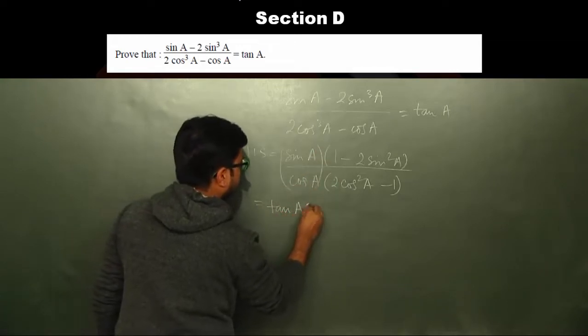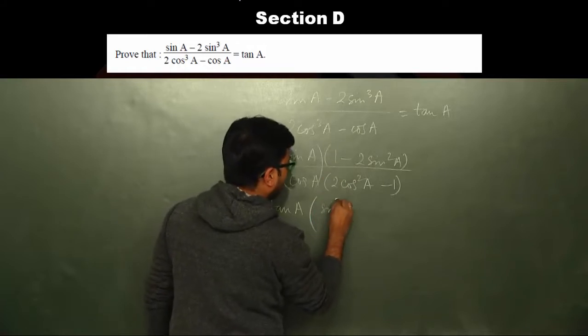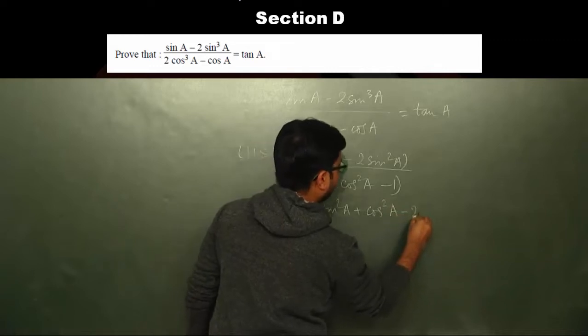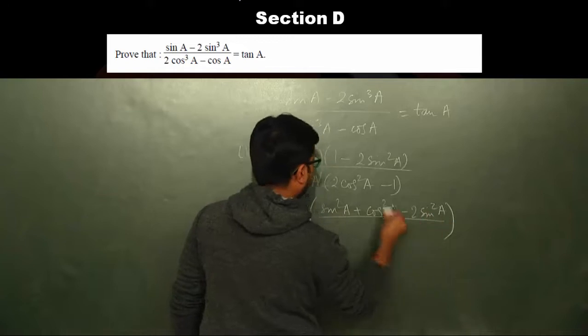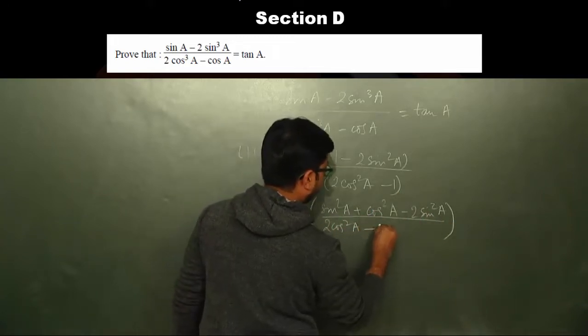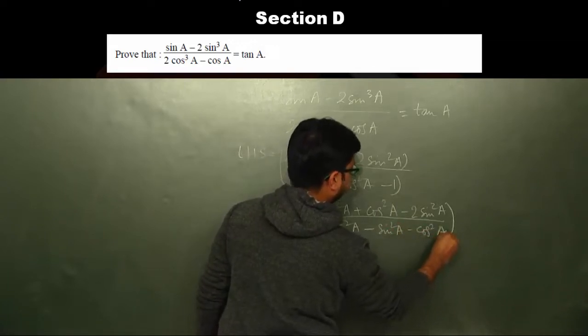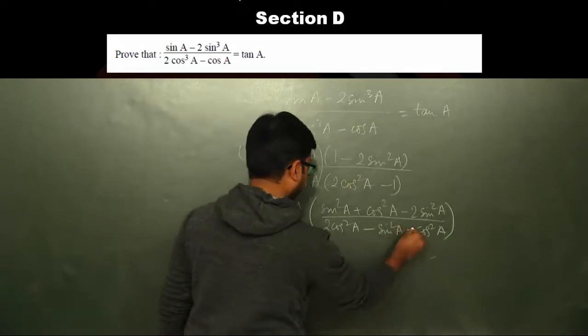is that you need to get rid of 1, and 1 is what? Sine square A plus cos square A minus 2 sine square A, and in the denominator, since it is minus 1, you have minus sine square A minus cos square A, because if you take minus common, it will be sine square A plus cos square A, which is 1.